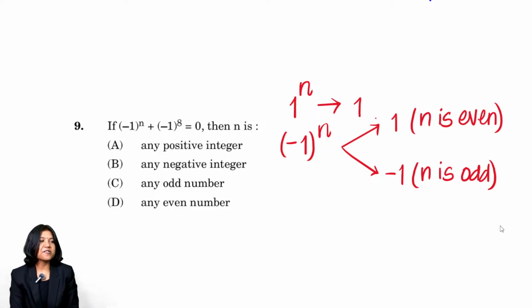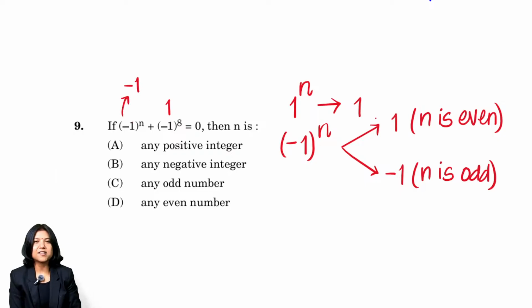So I have two scenarios here, 1 and minus 1, okay? So minus 1 is possible when n is odd, and when n is even, then it is always positive 1. Clearly, they want me to get the sum here 0. I can get the sum as 0 only when I have equal and opposite values. So if this is already raised to an even power, it's going to give me positive 1. Then this has to be negative 1, right?